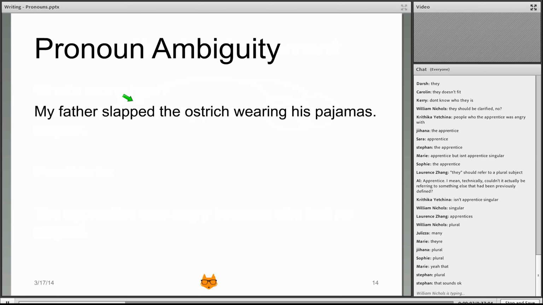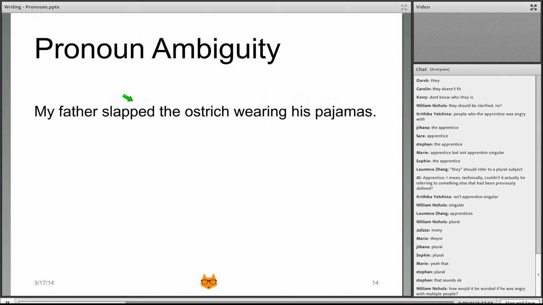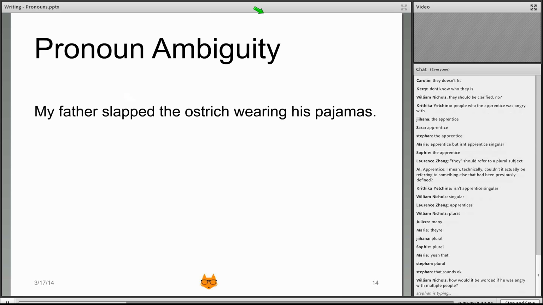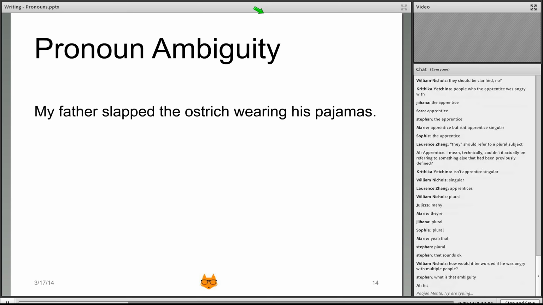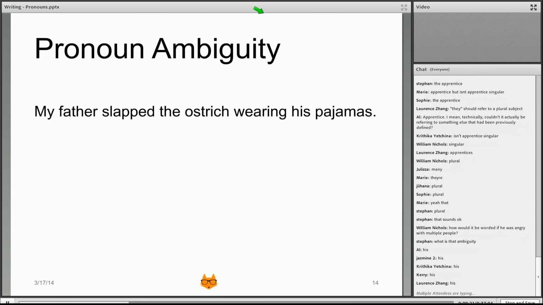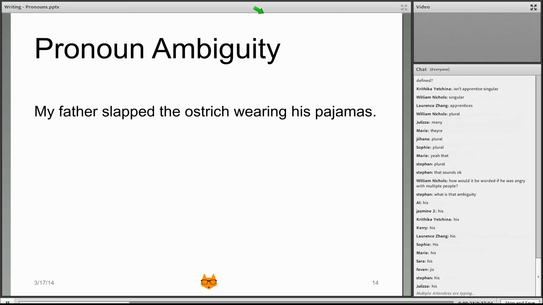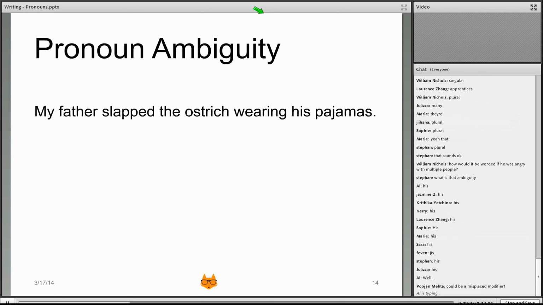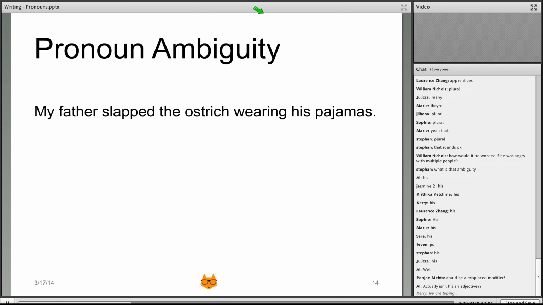All right, I'll talk about ambiguity. My father slapped the ostrich wearing his pajamas. What in there is a pronoun? His, yes. Question in the chat window, what is the ambiguity? Good question. So who is the his referring back to?